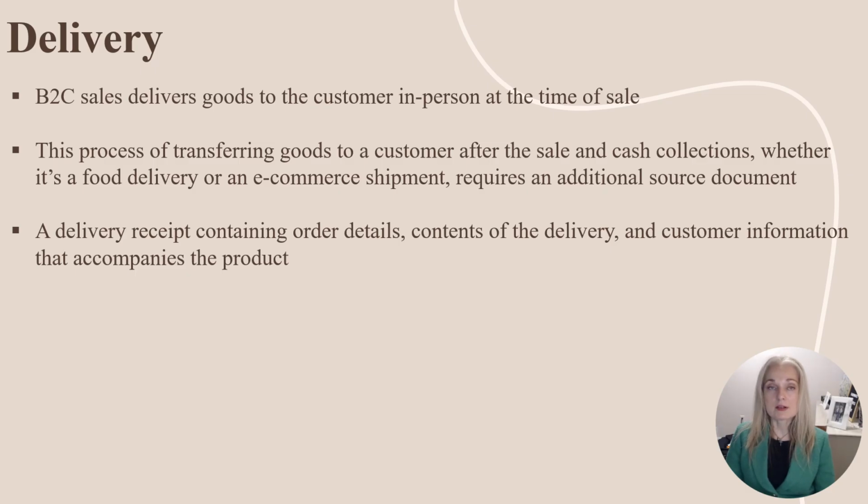So whether it's a food delivery service, an e-commerce shipment, this type of delivery requires an additional source document, and this is the delivery receipt, and it usually contains your order details, the content of delivery, and the customer information that accompanies the product. With some delivery packages, you have the customer signing to indicate that receipt occurred.